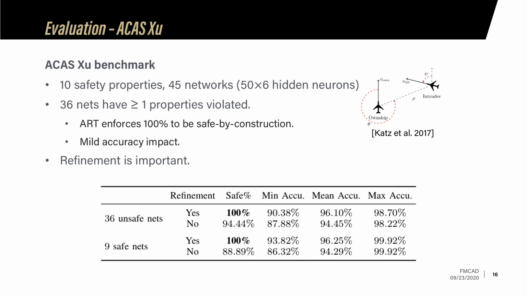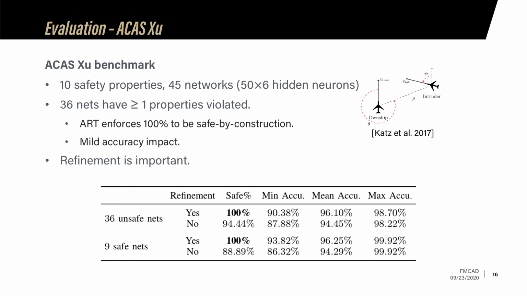Now we have introduced our ART architecture of correct by construction training framework. It has been evaluated on two benchmarks. The first one is the ACAS Xu benchmark, where there are 10 safety properties of various domains, and there are 45 networks provided in the dataset.